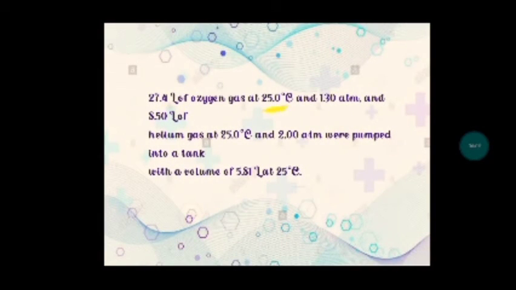And the value of the temperature, which is 25.0 degrees Celsius, and also the value of our pressure, which is 1.30 atm. This is only for oxygen gas, and also here the value of our V2, or volume 2, which is 5.81.